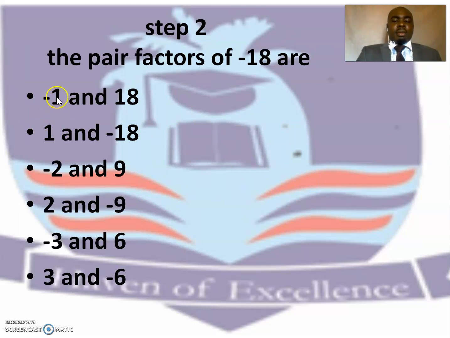We have minus 1 and 18, 1 and minus 18, minus 2 and 9, 2 and minus 9, minus 3 and 6, 3 and minus 6. These pairs of numbers, each of them multiplies to give us minus 18. So one of them will be the set we'll replace our middle number 7 with. We need the pair that sums up, when we add both of them, we get 7.